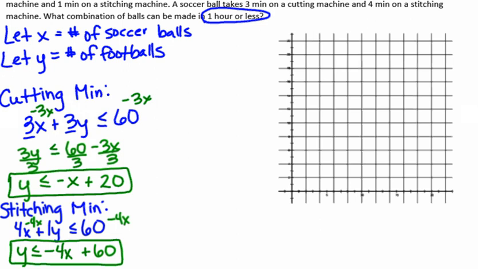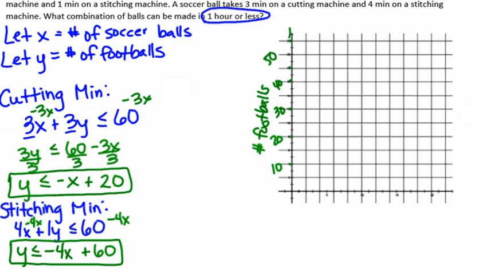So for my graph, I'm going to choose to go up for number of footballs here. For my y value, I'm going to go up by 5s for each tick. I'm just going to label 10. So 5, 10, 15, 20, 25, 30, 35, 40, 45, 50, 55.